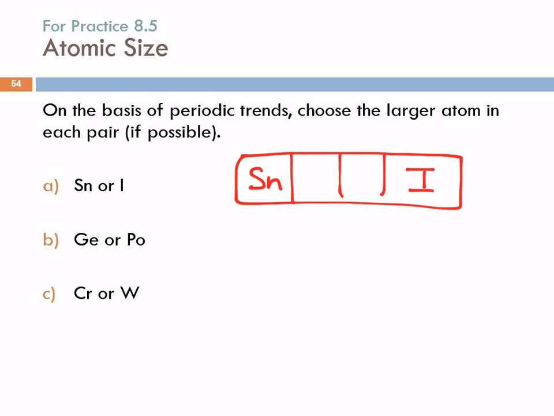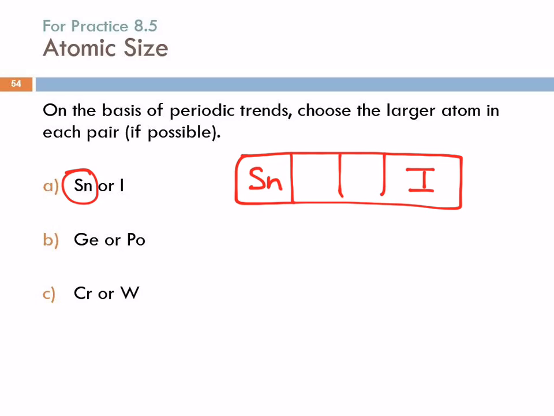These guys are in the same period. Which one's larger? In radius? In radius. Atomic size. The tin is larger. Because as we go across, effective nuclear charge increases, and those electrons get pulled in, and the atoms get smaller. So tin is larger.